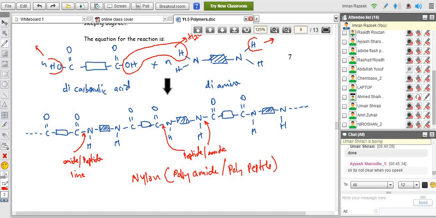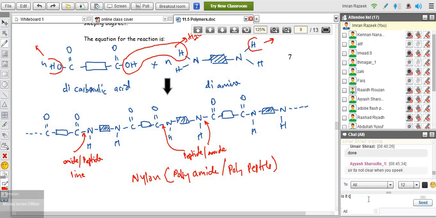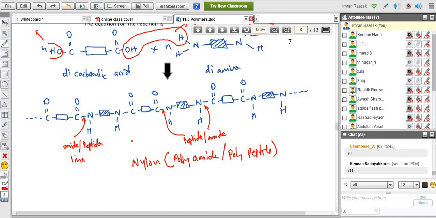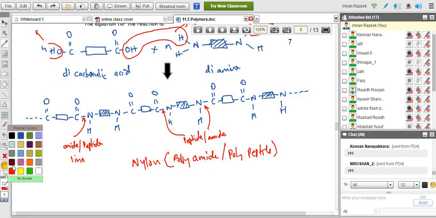Is that clear? Okay. So I'm going to show the repeating unit now. In short, the above polymer, the whole thing, can be represented in short form.